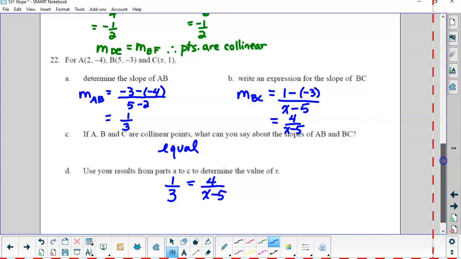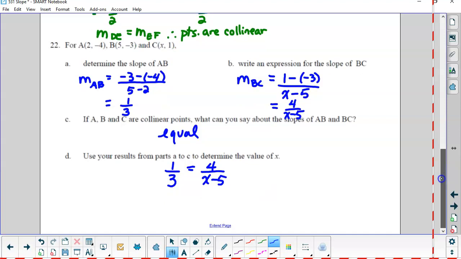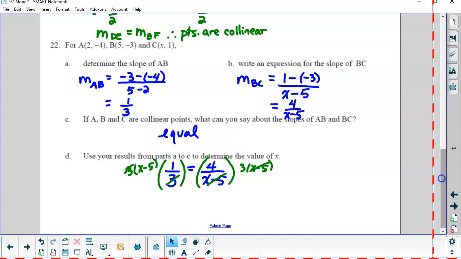Okay, because that's a rational equation that you can solve. So you get x minus 5 equals 12, so x equals 17.